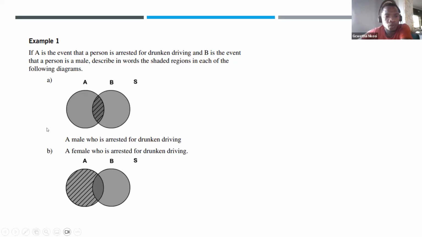So B represents a male, and A represents that a person is arrested for drunken driving. A male who is arrested for drunken driving, that is how we are going to shade it. A female who is arrested for drunken driving, we are shading the other side.